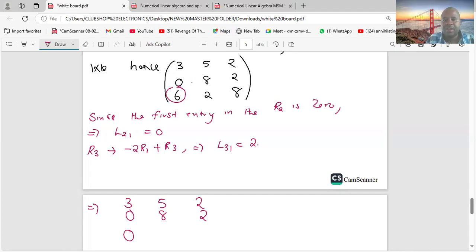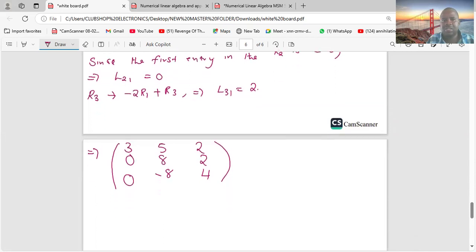Then negative 2 by 5, that is negative 10 plus 2, we get negative 8. Then negative 2 by 2, that's negative 4 plus 8, we get 4. So this is what we have. Okay, and we're almost done. See, it's a shorter method.